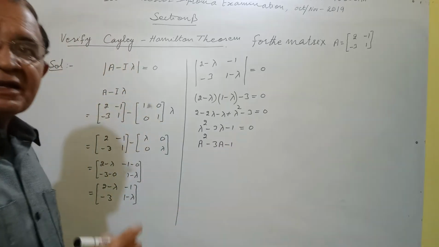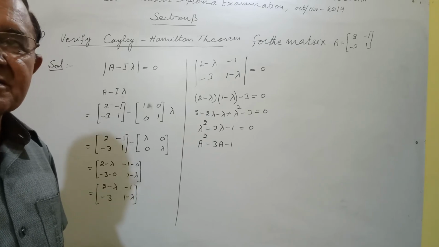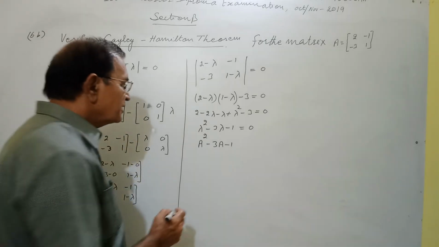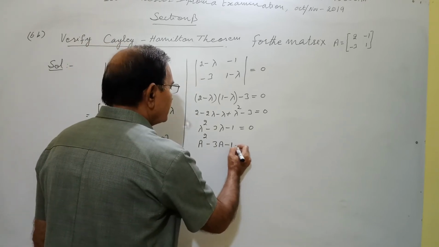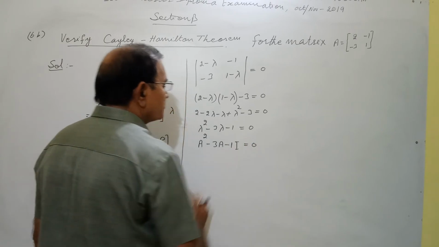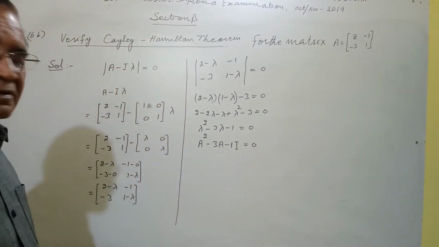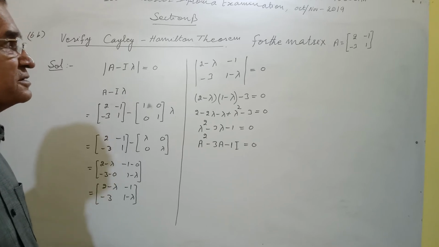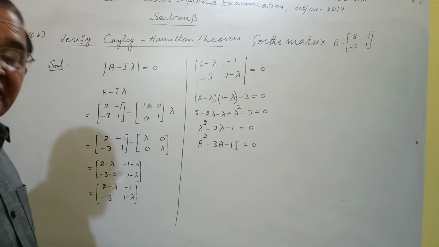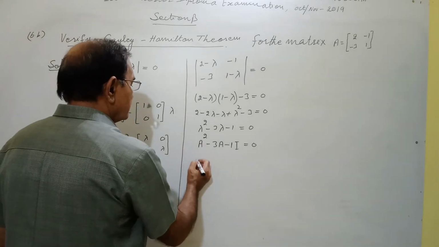Now, as we are dealing with matrices, we can't deal with numbers. So multiply the constant by the identity matrix and put it equals 0. Then solve it, you will get the CH equation. Then we have to verify. How can we solve it?